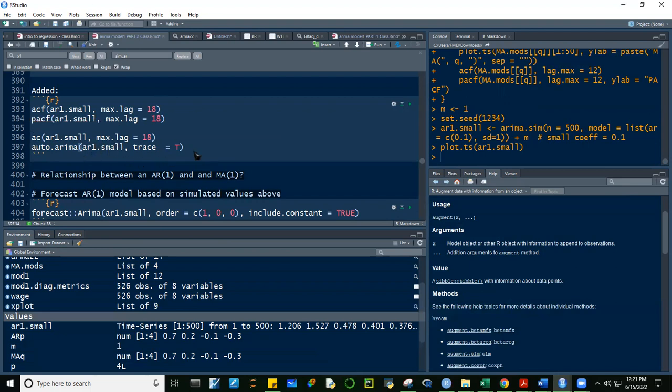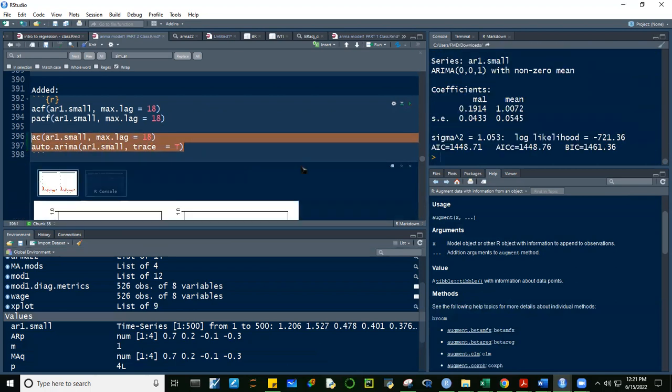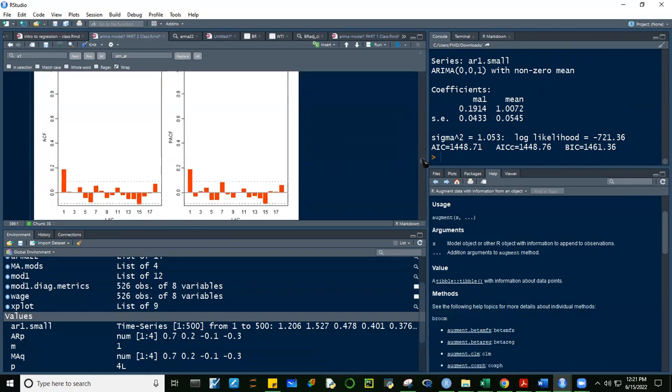Alright, tapos i-run natin to. Okay, so ito yung plot. So as you can see here, AR1 to, no? And di ba? So significant at lag 1.